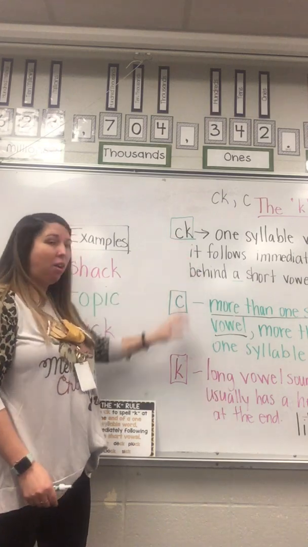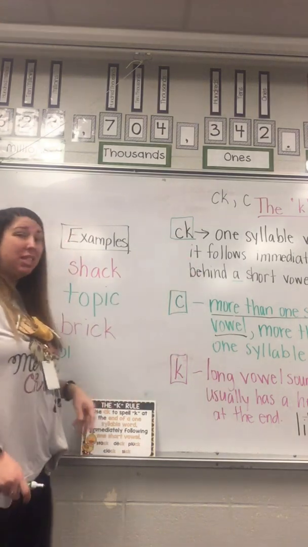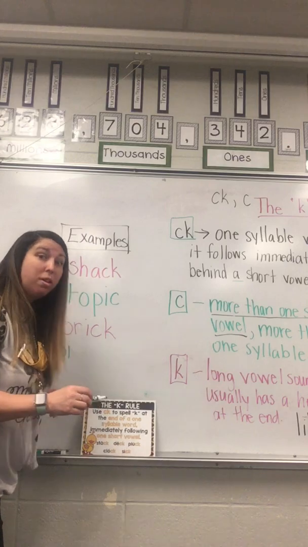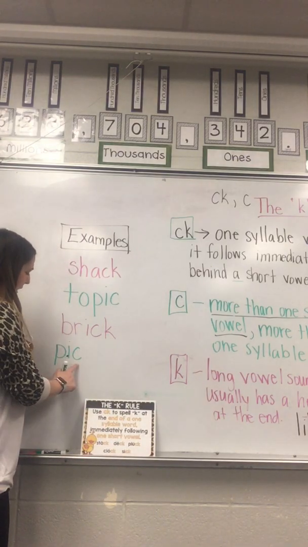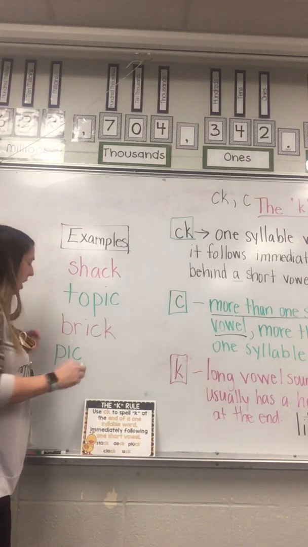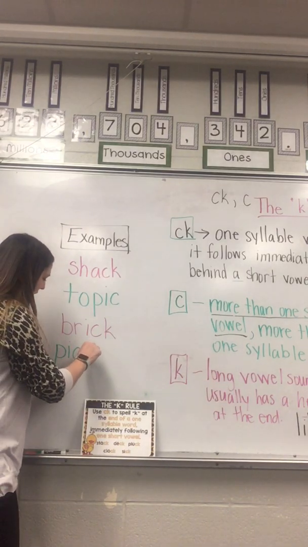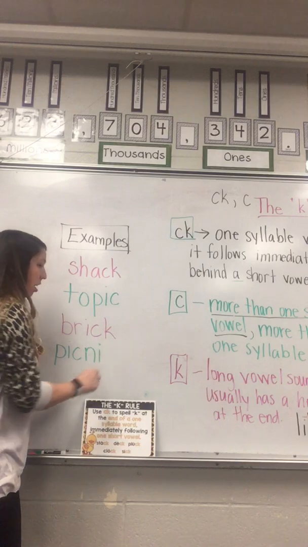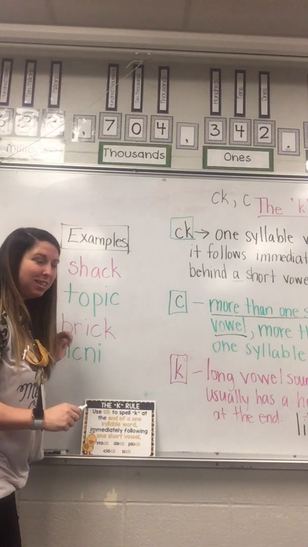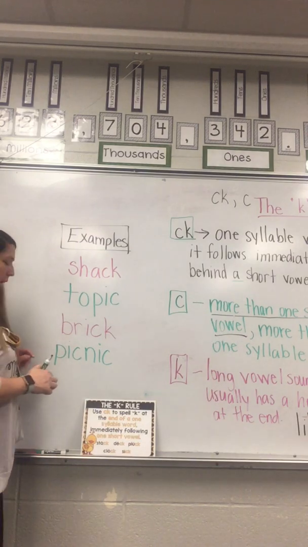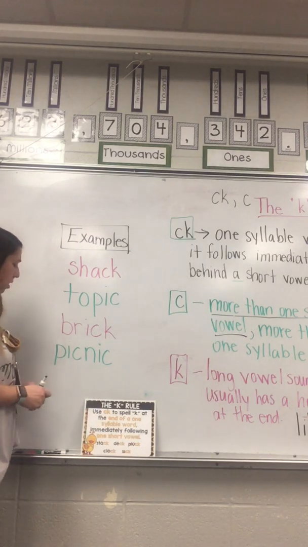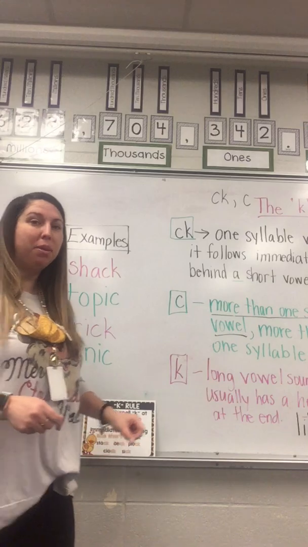So would I use CK or C? I'm actually just going to use C on this one because it has 2 vowels. That's going to be super important, okay? So pick and then nick. N, i, k. Which one do I use? Just the C because it's more than 1 vowel. Okay, so picnic.